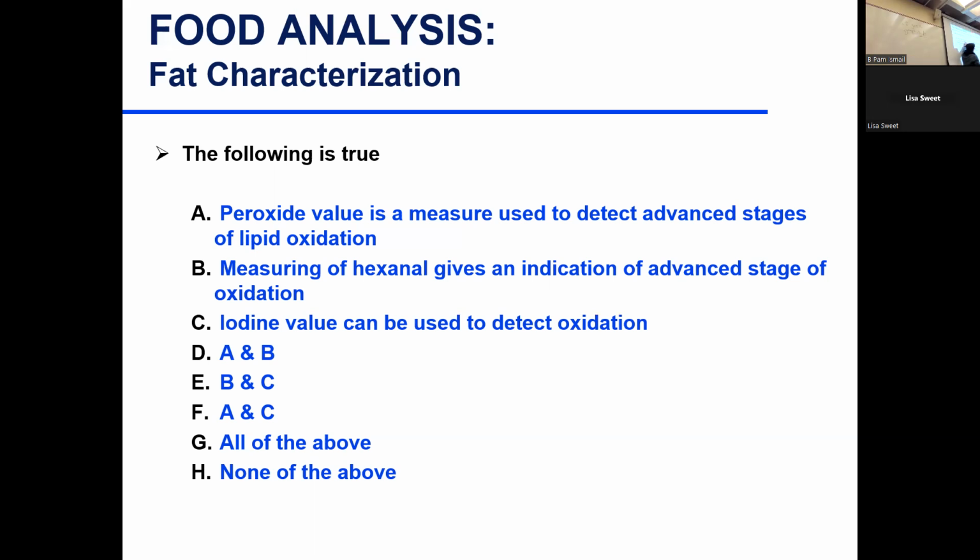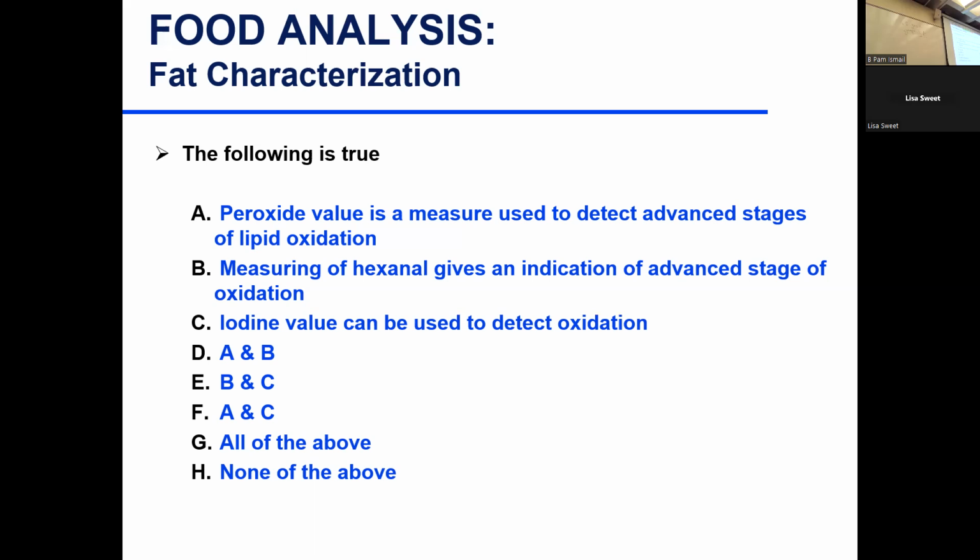They do not detect advanced stages of oxidation. Peroxides are the first metabolite that comes out of lipid oxidation. Hexanal is a secondary metabolite, so the presence of hexanal is an indication of advanced stages of lipid oxidation. So for this, put yes next to it.